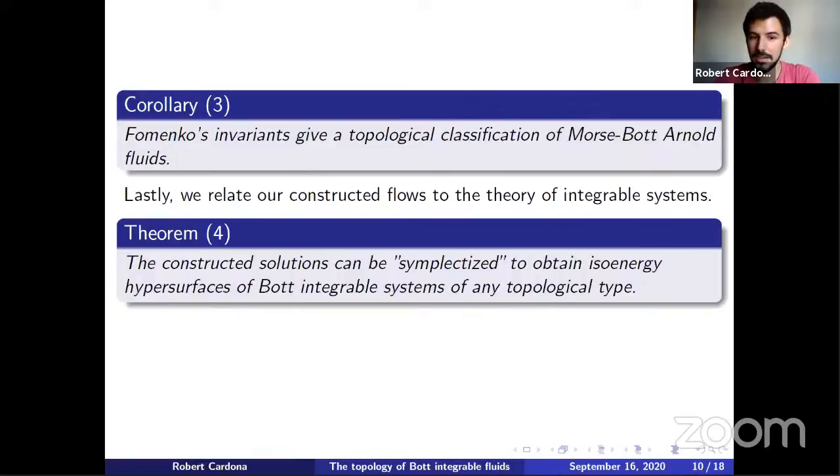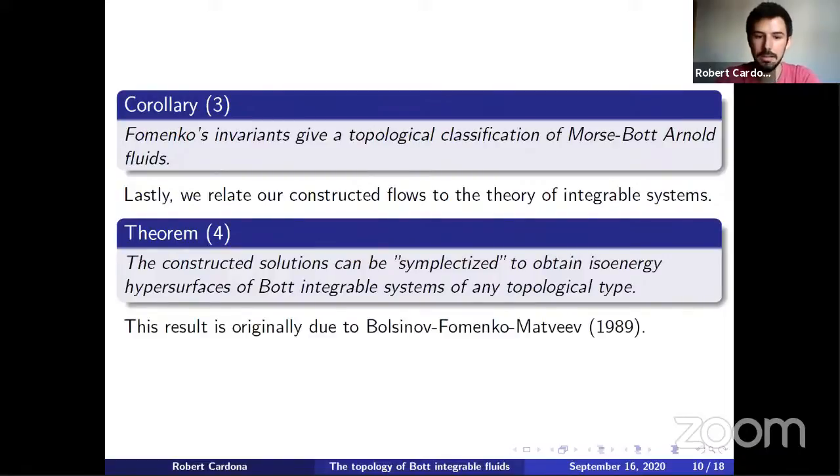But this can only be done somehow ad hoc, for these constructions. You can find Arnold fluids that, at least in my sense, cannot be symplectized, okay? The fact that there are Bott integrable systems of any topological type is a theorem originally due to Fomenko and his collaborators in 1989.